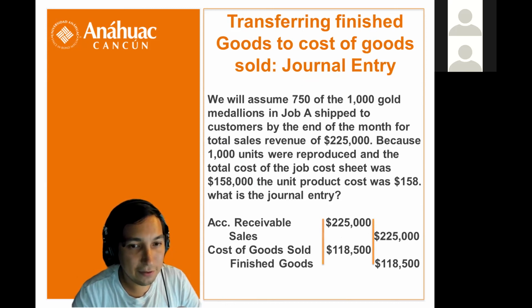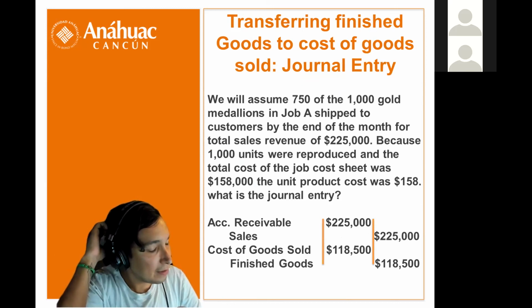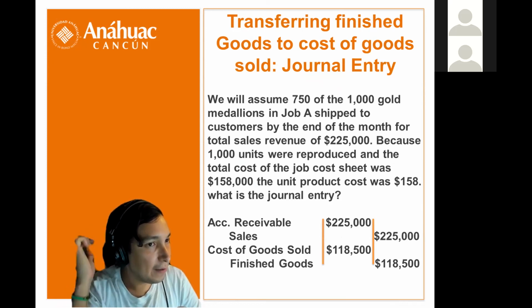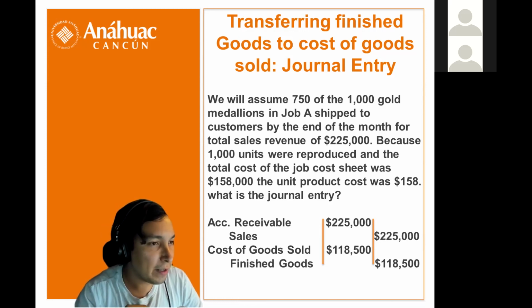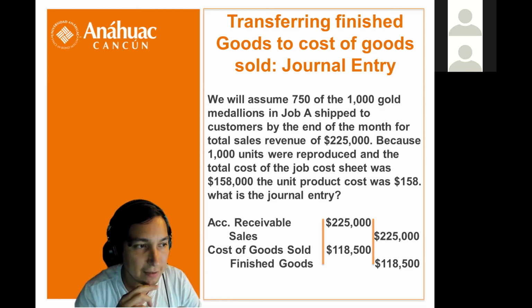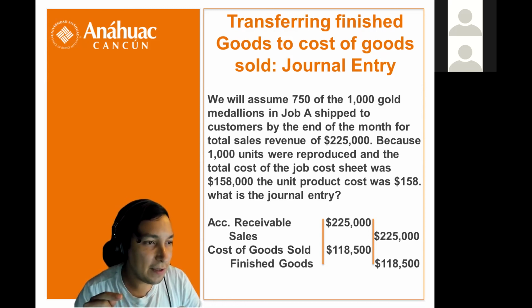That's the sales entry. We will assume 750 of the 1,000 gold medallions in job A were shipped to customers by the end of the month for total sales revenue of 225,000, because 1,000 units were produced and the total cost on the job cost sheet was 158,000.